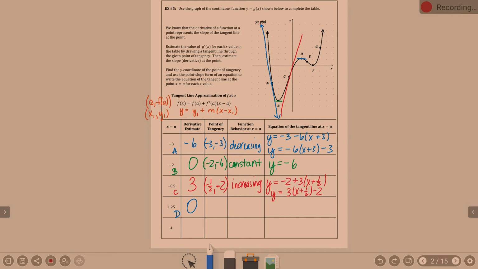Ordered pair? I did 1.25, 1. That's what my answer key has on it, 1.25 comma 1. Again, it's definitely not at 1, but exactly. What kind of function behavior? Constant. And regardless, our equation is going to be the same no matter what. Y equals 1.